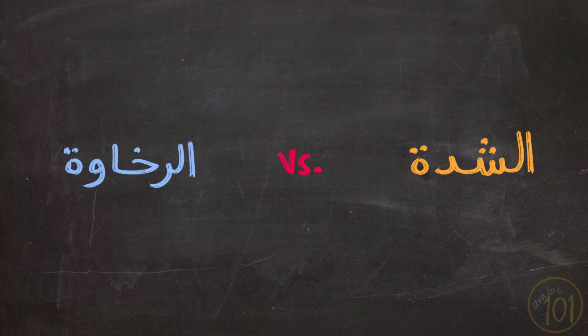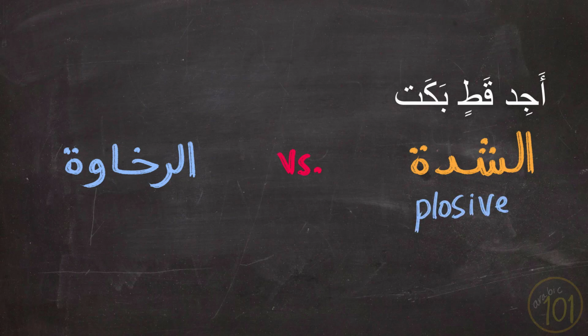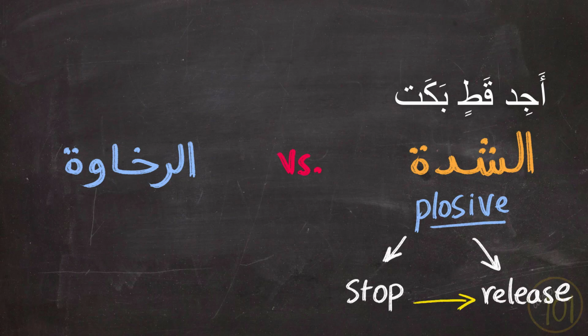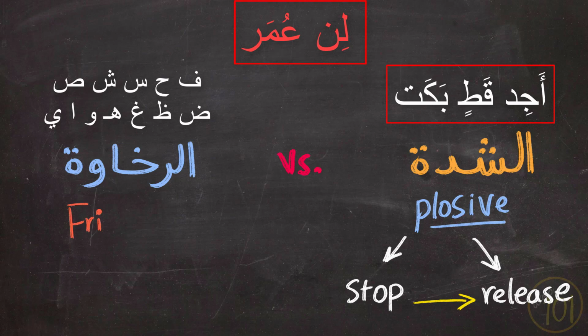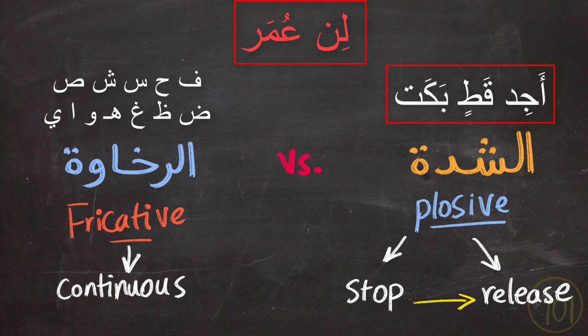So, the second couple of sifat is Shiddah versus Rakhawah. Shiddah letters are ajid qattin bakat, which are plosive sounds produced by first stopping air and then suddenly releasing it, while Rakhawah letters are the remaining 16 letters, with the exception of these 2 sets, and they are produced by a continuous stream of air passing through the makhraj.